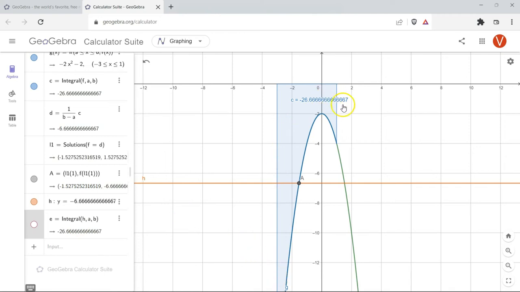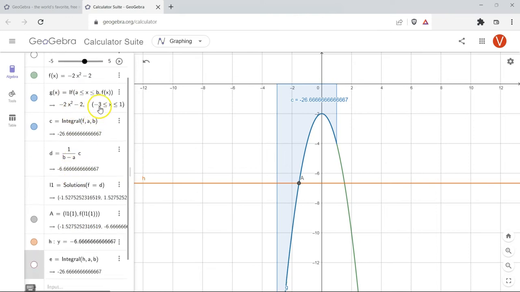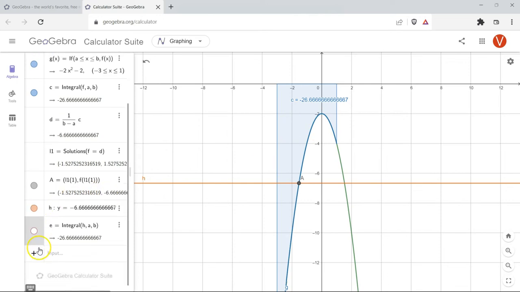So this is the area under the curve -2x square minus 2, between -3 and 1. Now we have found a point on the curve where if we draw a line parallel to the x-axis, it will give us a rectangle with the same area as this.